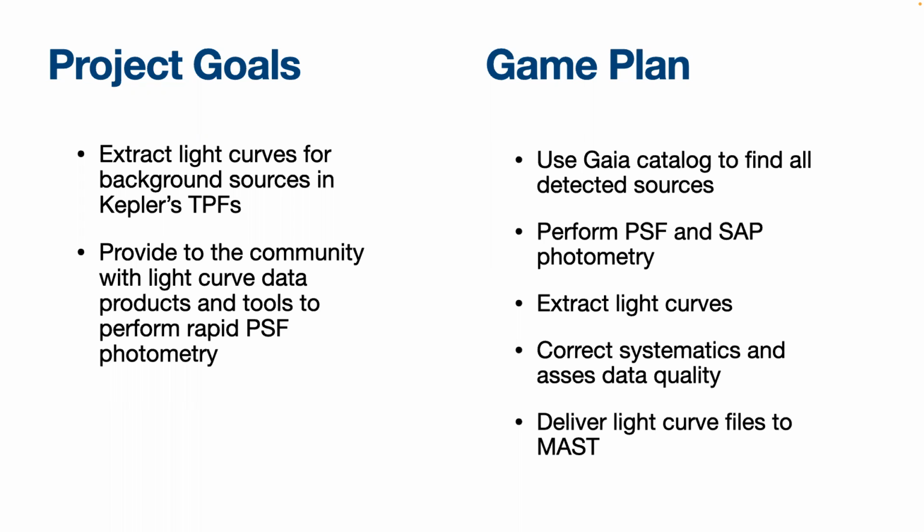We use that in our method to create a PSF model, perform PSF photometry, perform also aperture photometry, extract these light curves, correct them for the systematics that are introduced by the instrument, and also assess the data quality. And finally, and this will happen very soon, deliver these light curves to MAST so the community can access them.